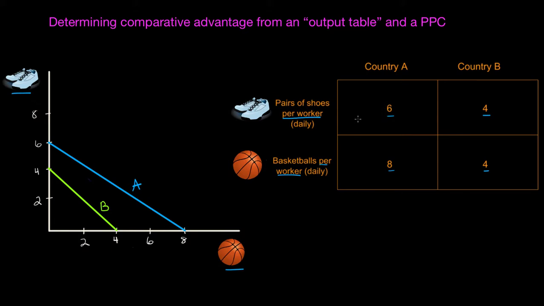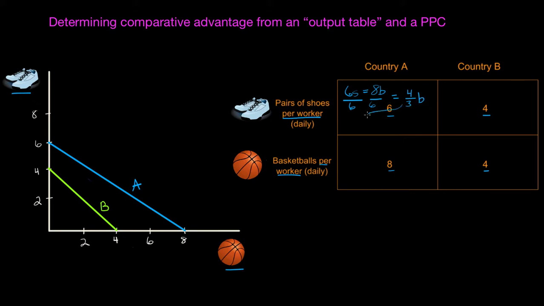To calculate the opportunity costs of shoes and basketballs in these two countries, we can use the following method. We know that for every 6 pairs of shoes, 6S, country A produces, it gives up 8 basketballs. The resources needed to produce 6 shoes could also produce 8 basketballs. To find the opportunity cost of shoes, all I have to do is divide both sides of this equation by 6, and I can see that the opportunity cost of one pair of shoes is 8/6 or 4/3 of a basketball.